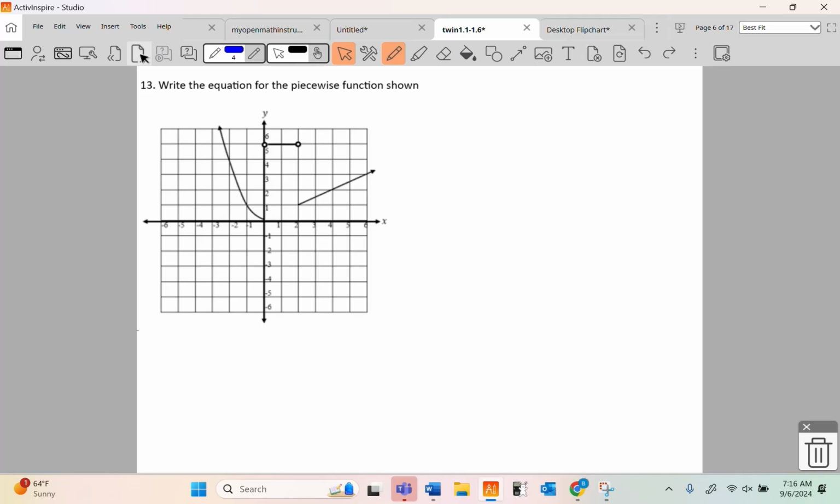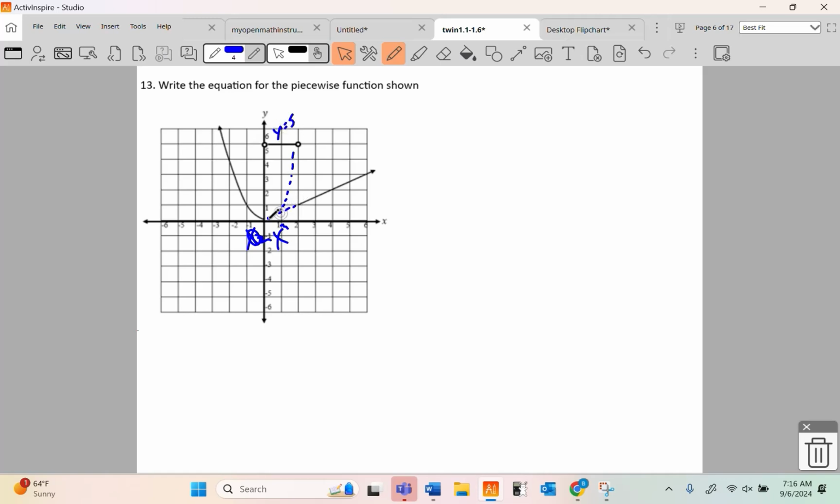Write the equation for the piecewise function shown. So this guy right here, it looks to me like if I extended it out, it would probably be x squared. This is literally y equals 5.